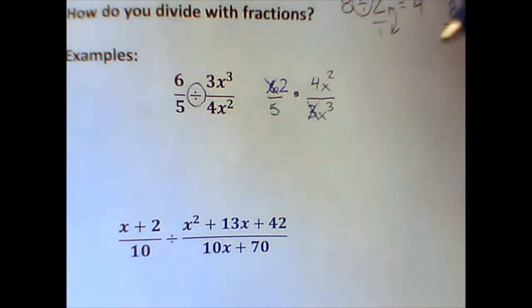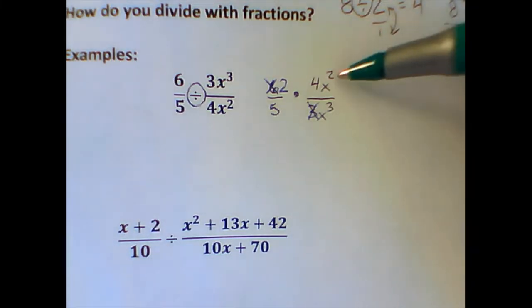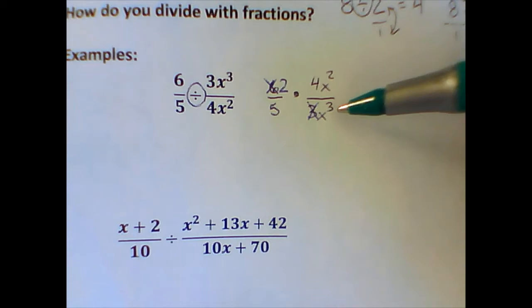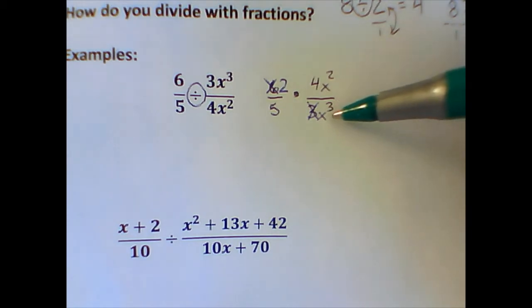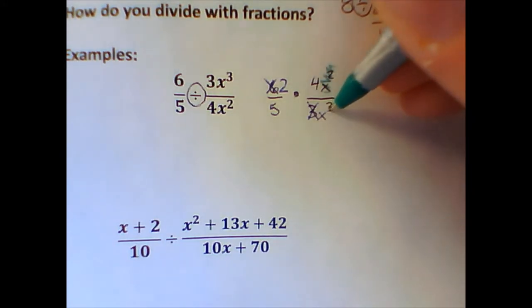We get a 2, and technically we get a 1 on the bottom. Let's look for other things that can cancel or reduce. I'm not seeing them in the numbers, but with the variables, there are 3 x's on the bottom, and there's 2 on the top. 2 of those x's will take out 2 of those bottom x's, which leaves just 1 of them behind.